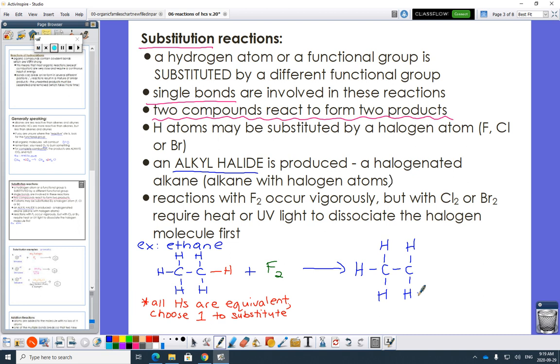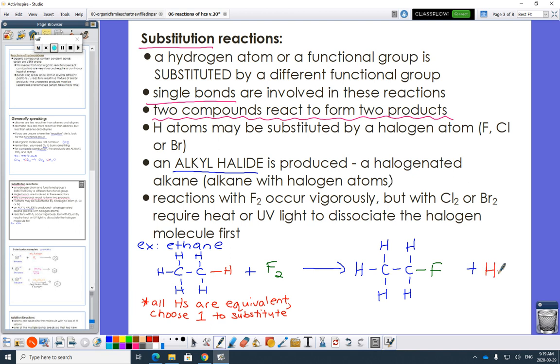Now if I take that hydrogen away, then this carbon only has 1, 2, 3 bonds. So it's missing a bond. That means we need to put something on it. What are we going to put on it? We're going to put fluorine. The hydrogen has to go somewhere.